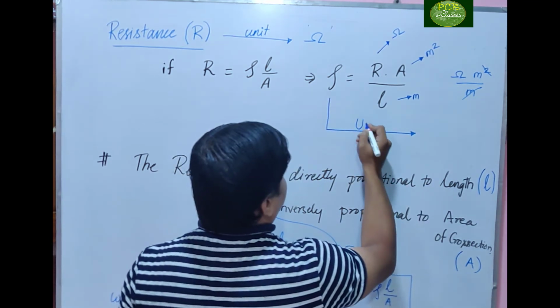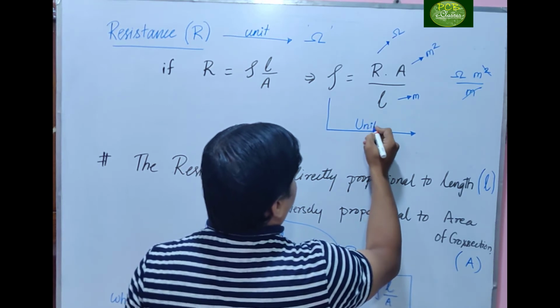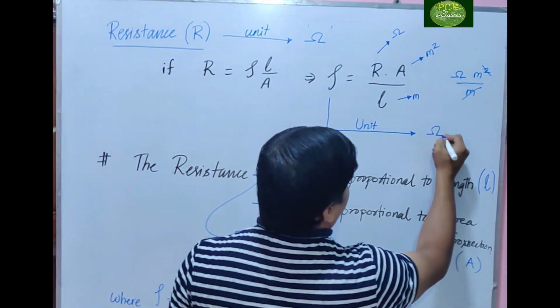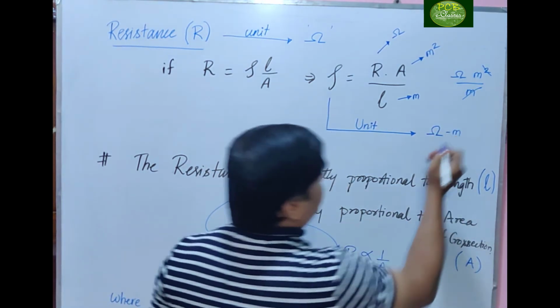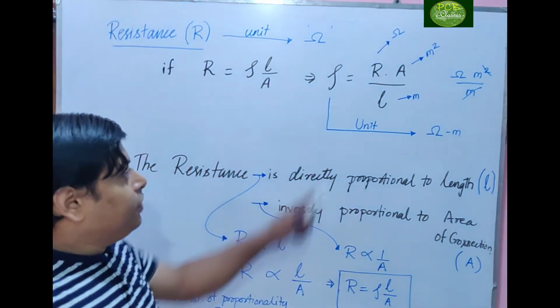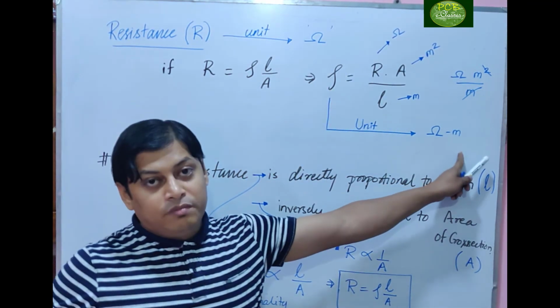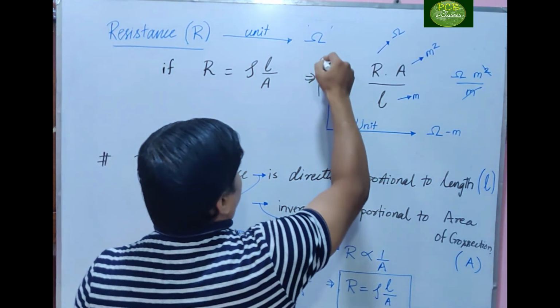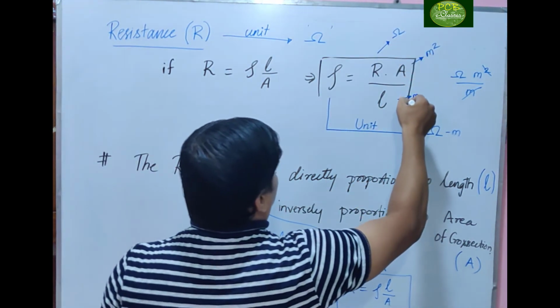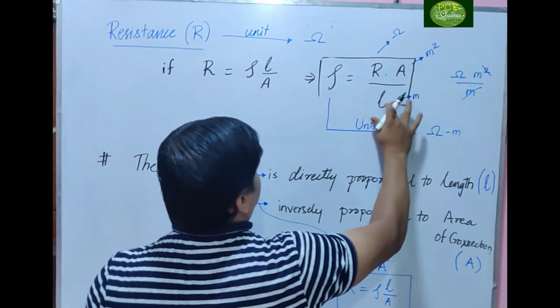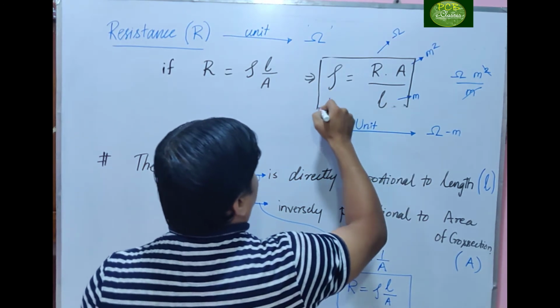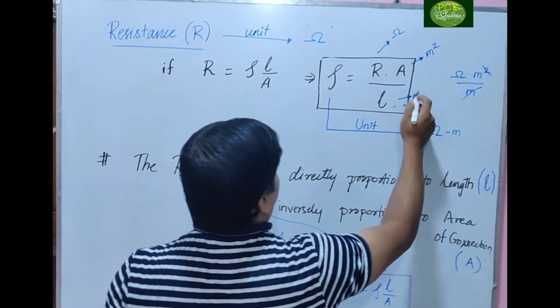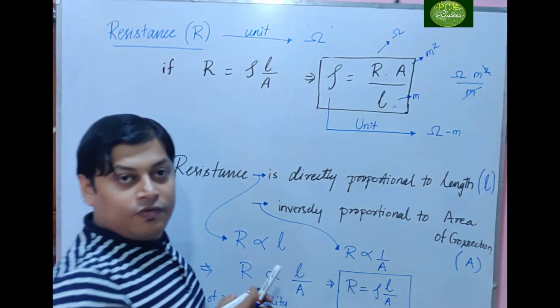Unit is ohm meter. What is the unit of the resistivity? Ohm meter. And what is the formulation we have got? It is rho equals R A by L.